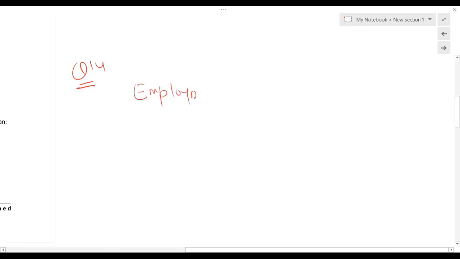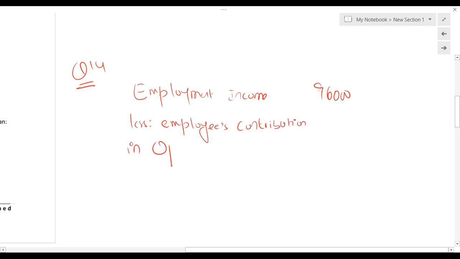Employment income is 96,000. Let us deduct the employee's contribution in OPP, the occupational pension plan contribution, which I believe is 35,000.